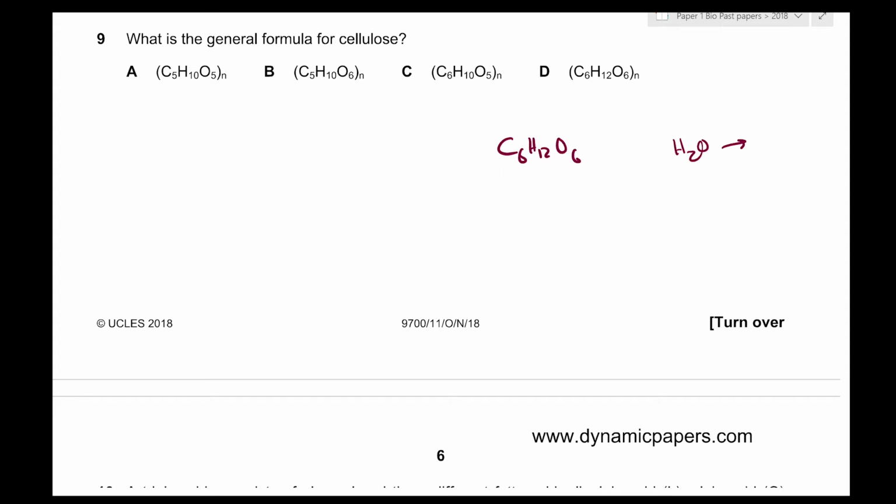Therefore, because we know that a molecule of water is formed, and here it's n, therefore what we could do in case of polysaccharides only is we subtract the atoms from the glucose monomer. In this case, it's going to be C6H10 because we subtracted 2 hydrogen atoms, O5. Therefore, the correct answer in this case is going to be C.